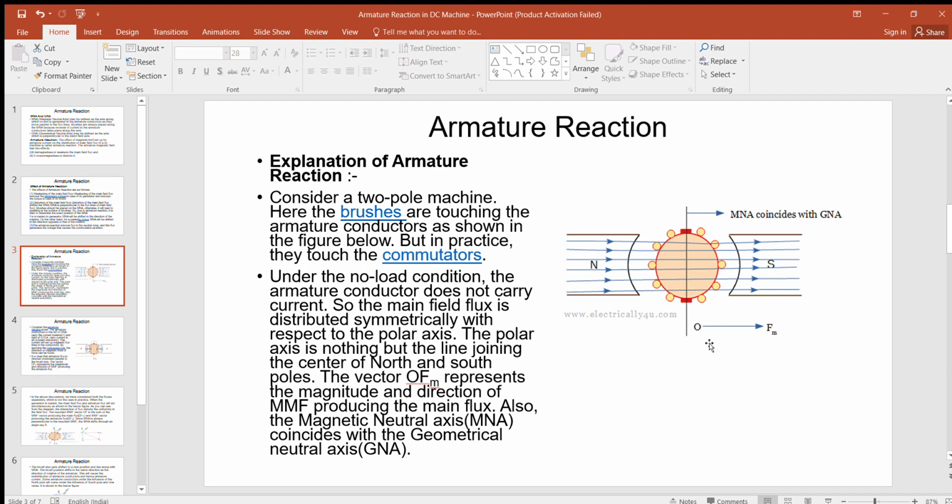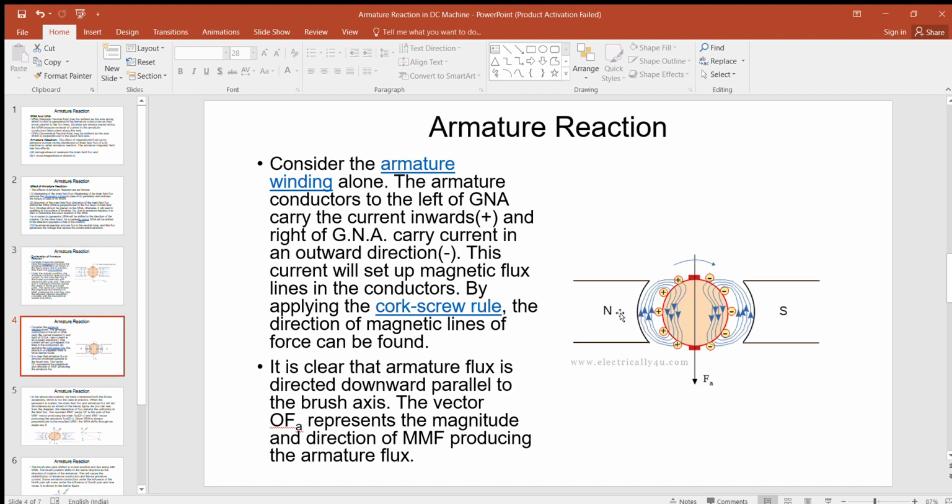In the next slide, we consider the armature winding alone. The armature conductors to the left of the GNA carry the current inwards, and those to the right of the GNA carry current in the outward direction. This current will set up magnetic flux lines around the conductors.